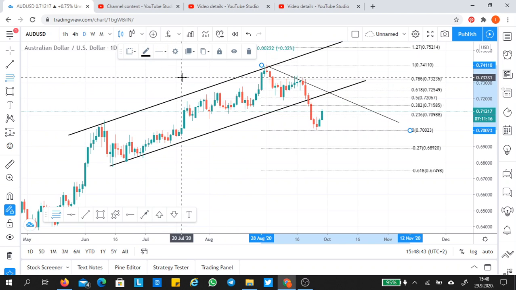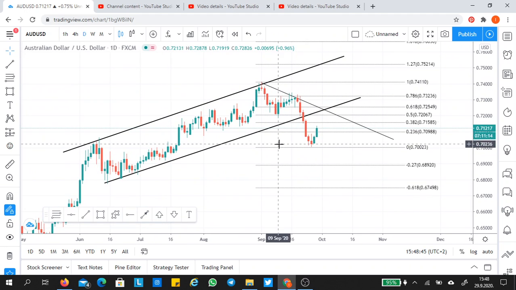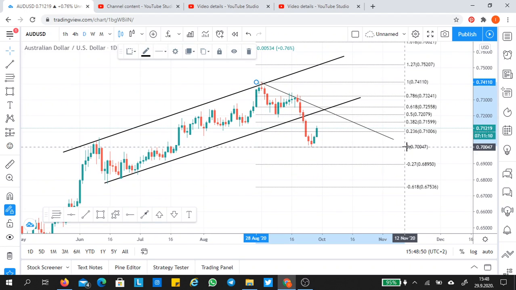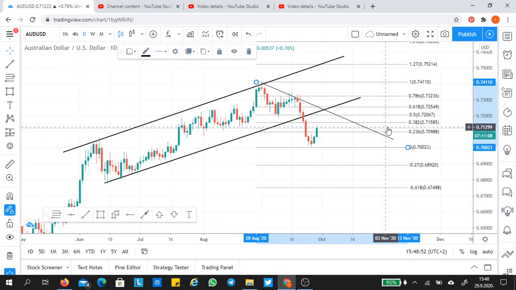In just a second I will make my way here, and maybe in the next area where I could go short should be then this one.